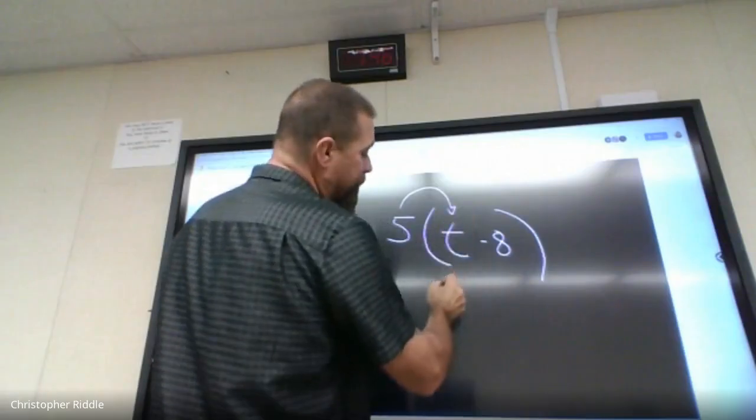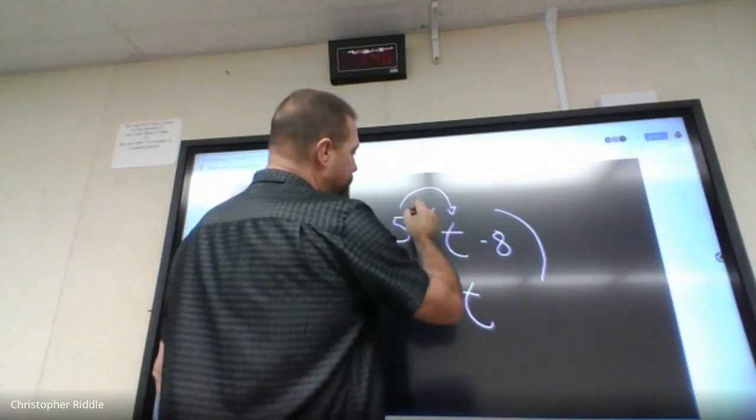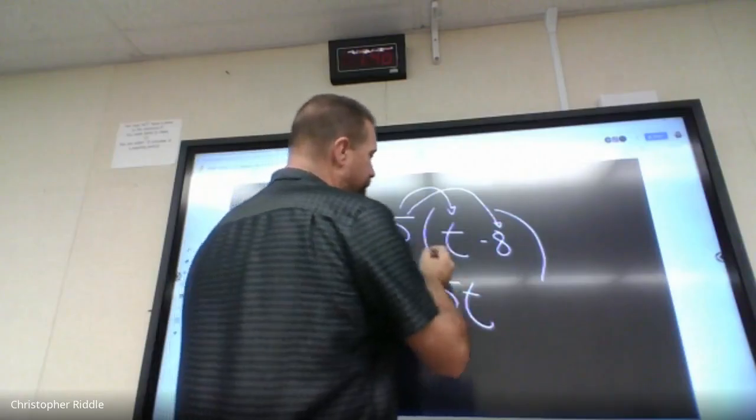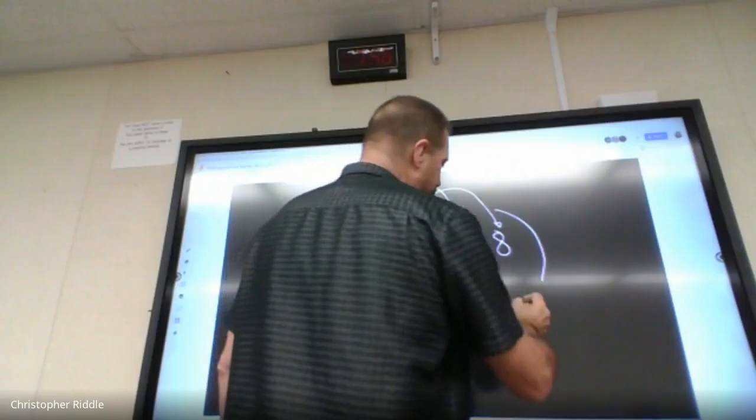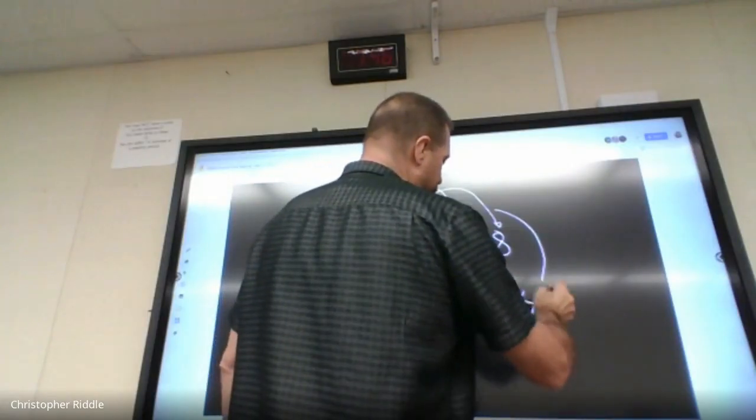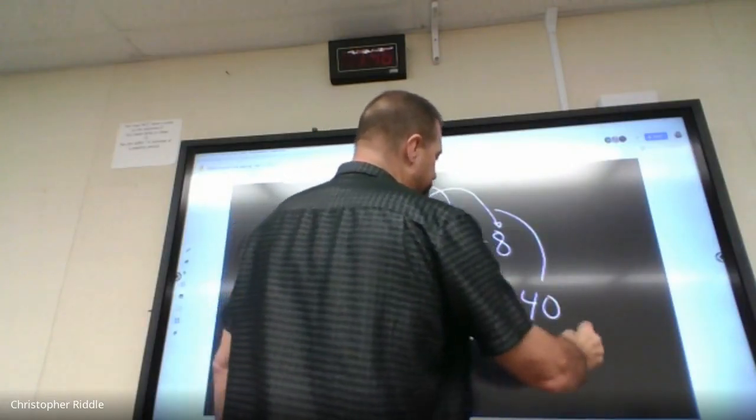Exactly. And then we multiply 5 times what else? Negative 8. Exactly. And what's 5 times 8? 40. Negative 40, because the signs are different. Excellent. Our answer is 5t minus 40.